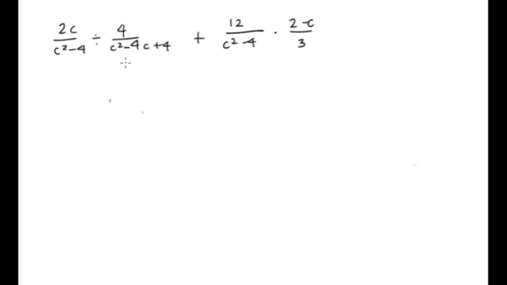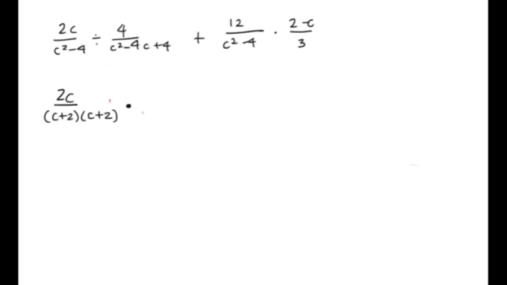Well, first of all, we should factor everything as much as possible. So this 2c, we can't do anything with that, but this c squared minus 4, we can factor into c plus 2, c minus 2. And this division sign means that we can flip this into multiplication, so that's exactly what we'll do.